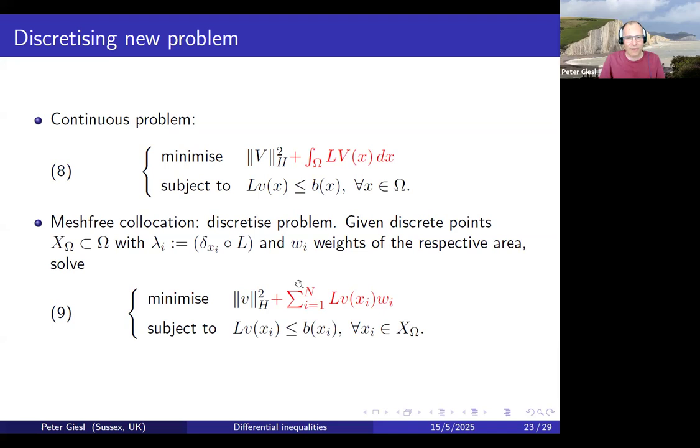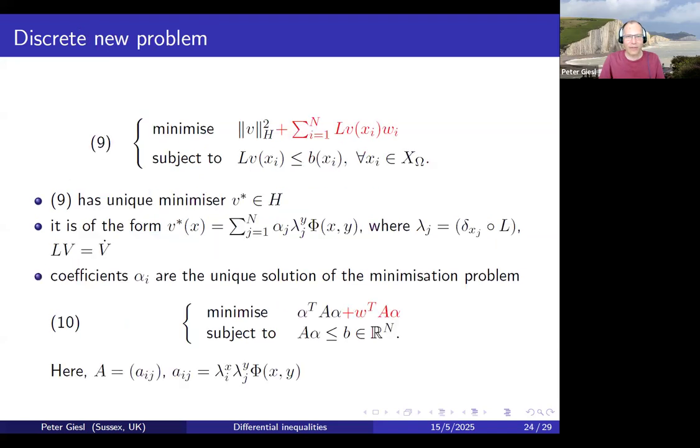And if you now try to find a solution for that, then you see, again, going through the same ideas, it has a unique minimizer v star. The v star can still be written in this form as before, and it's a solution of a quadratic programming problem where this new term here becomes this term here.